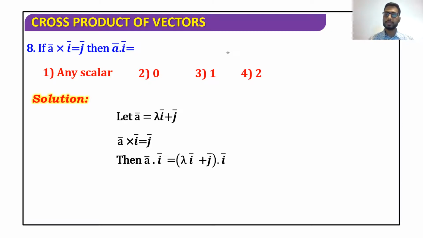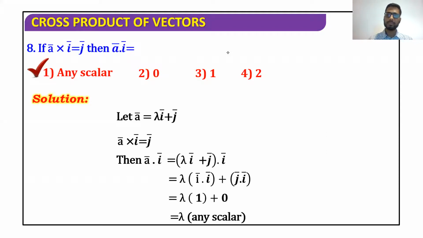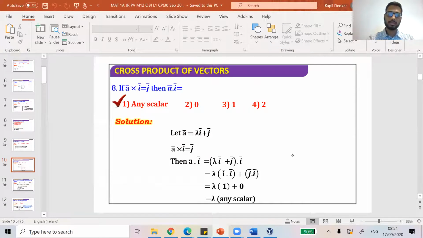So as I said, there are two methods. If you go by the first method, you get this answer, which is equal to lambda, and lambda can be any scalar. And if you go by the second method, I'll share the green screen.